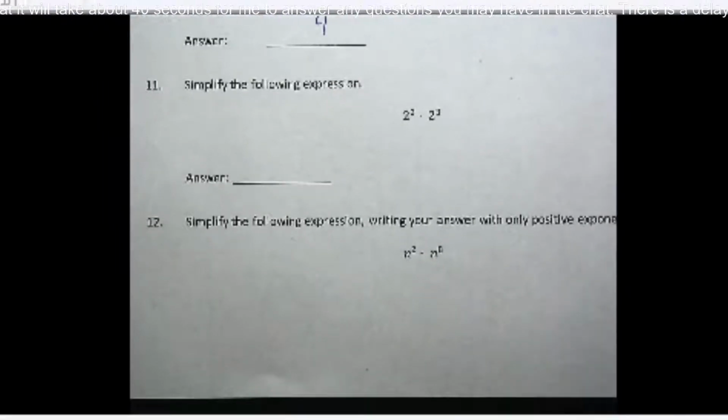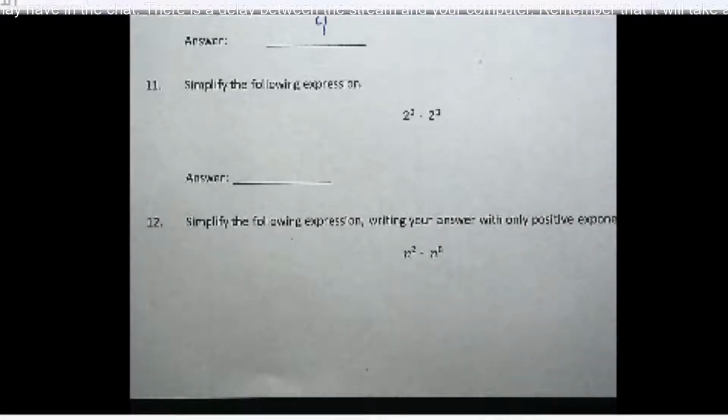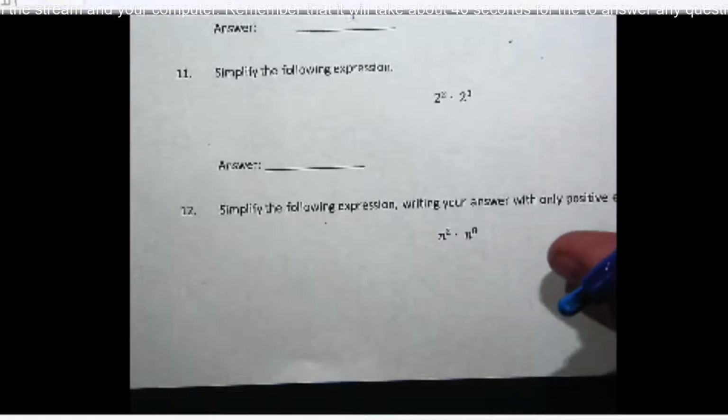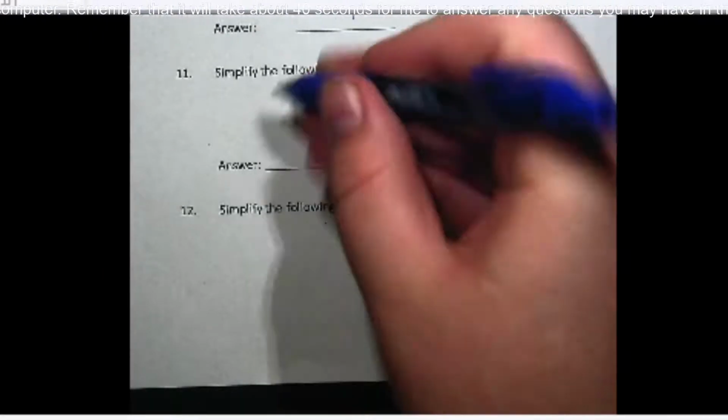Next, simplify the following expression. We've got 2 to the 2nd times 2 to the 3rd. Of course, we're multiplying these, which means we're going to add their exponents. So we get 2 to the 5th. Okay, so we know what 2 to the 4th is. It's 16. So this is 16 times another 2, which is, anybody know? 32, good.